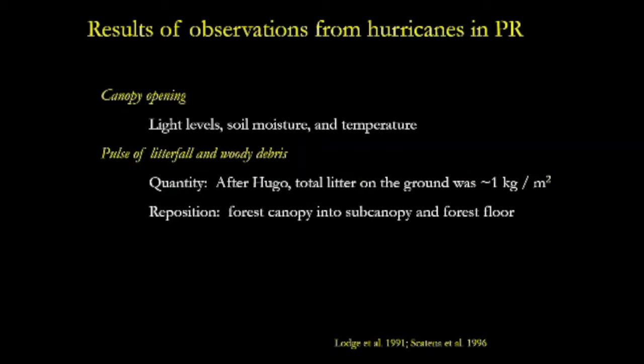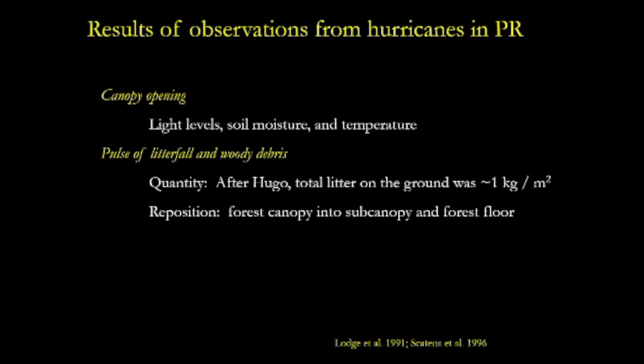After Hurricane Hugo, basically, we received about 1 kilogram per square meter on the ground, which is the amount of litter that we get through a whole year. So in a single day, in a single event, we got the amount that we would get in a full year.